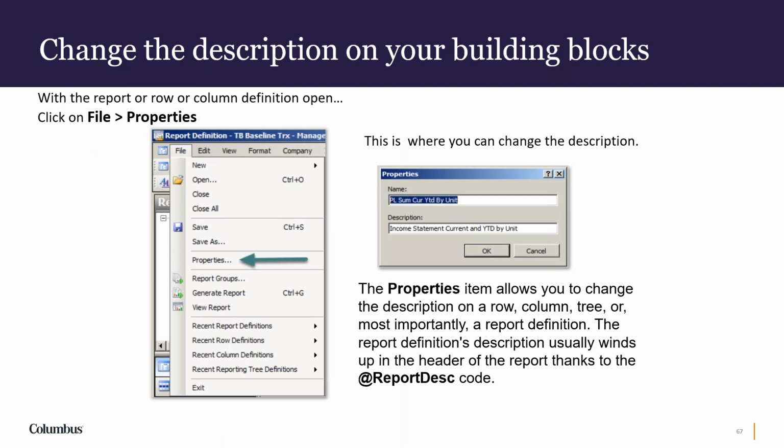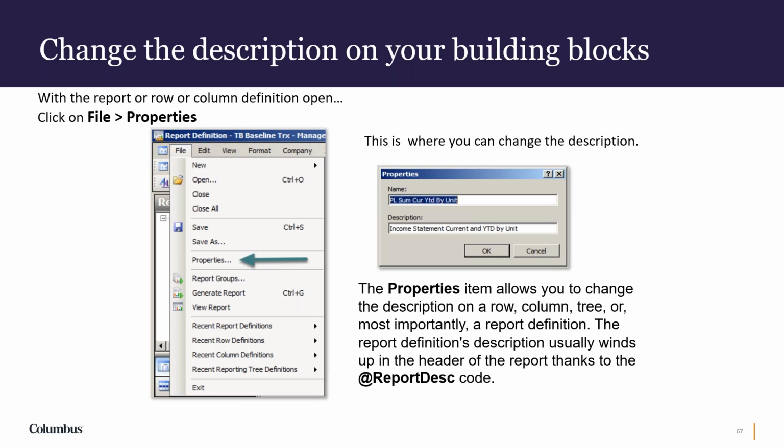All right, so when you have a building block open, whether it be a report, a row, a column, or tree, you have a description line down here. I use this probably most frequently when I'm looking at a report definition. If you go to File Properties, you can actually change the description there.